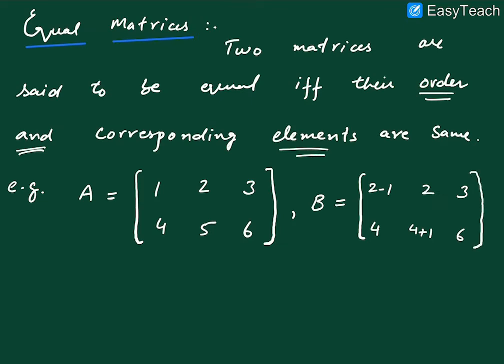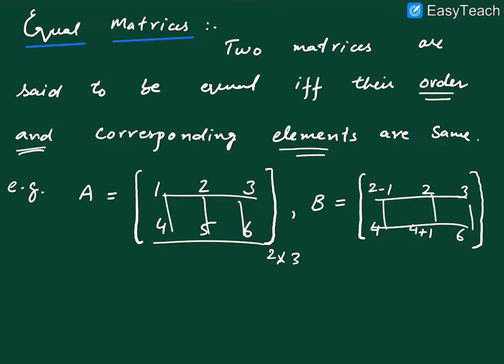Now what is the order of A? Order of A is 2 rows and 3 columns, so 2 by 3 is the order. Let's check B also: 2 rows and 3 columns, so the order of both matrices is same.